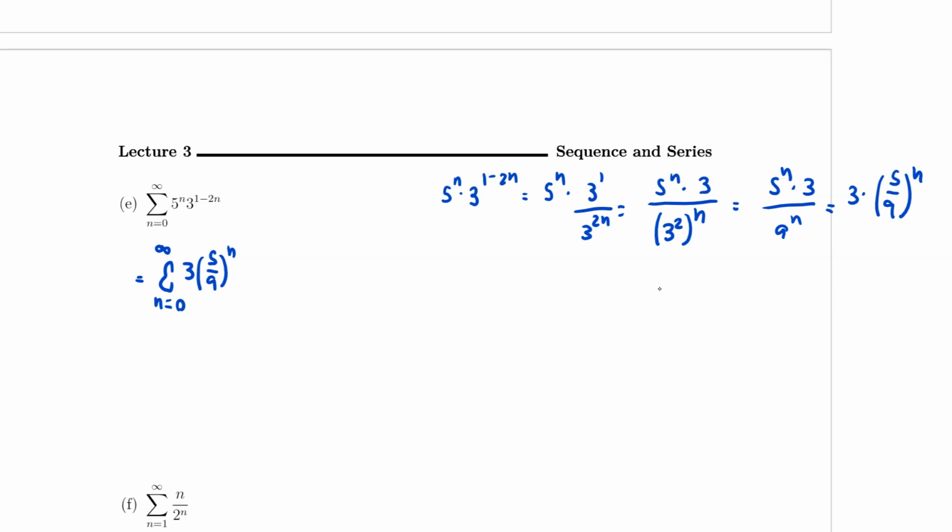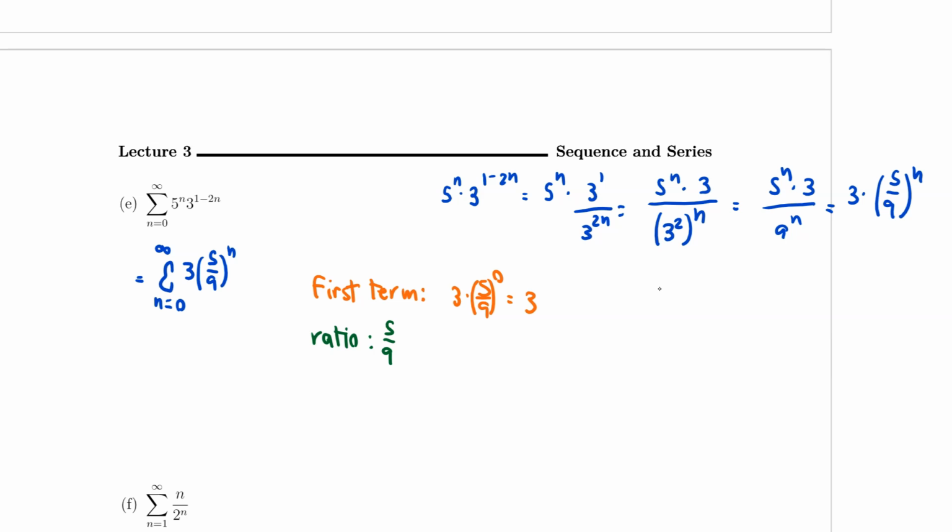Now we can see that the first term is just going to be 3 times 5 over 9 to the 0, so it's just going to equal 3, and the ratio is just going to be 5 over 9.